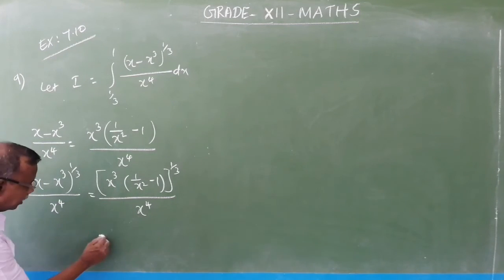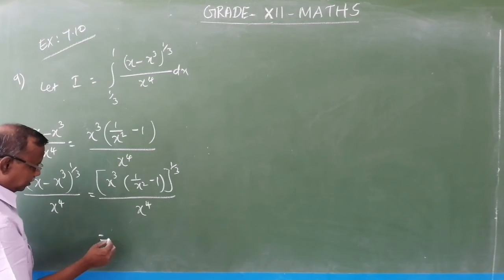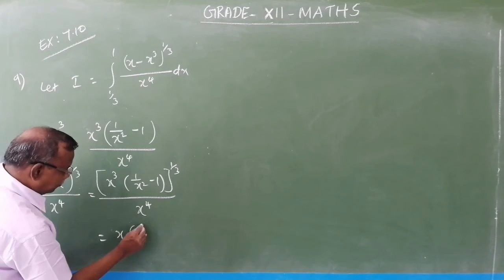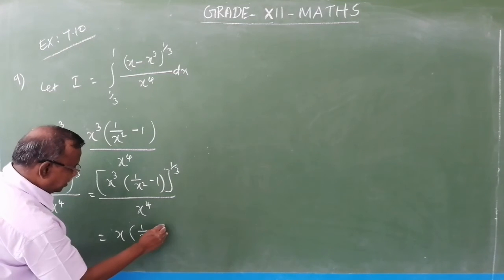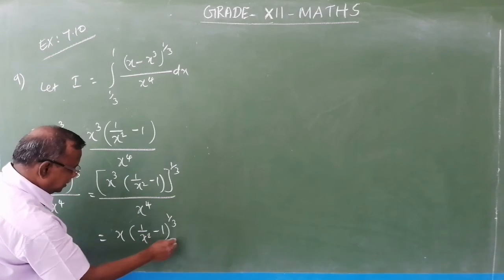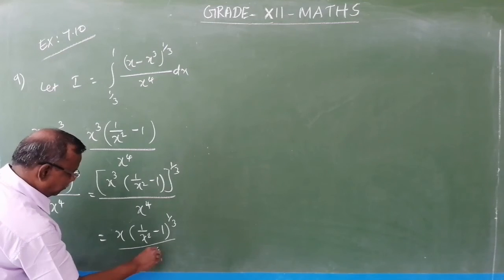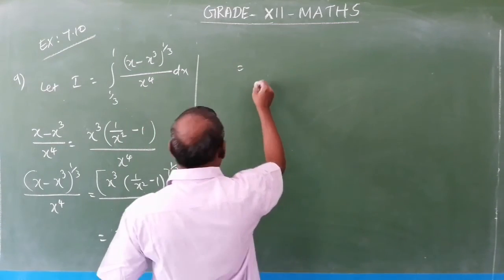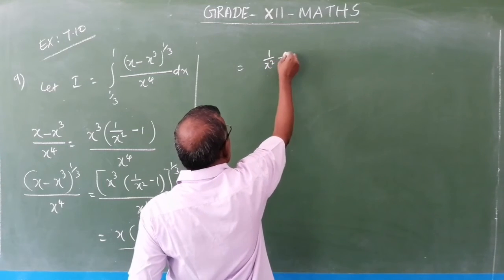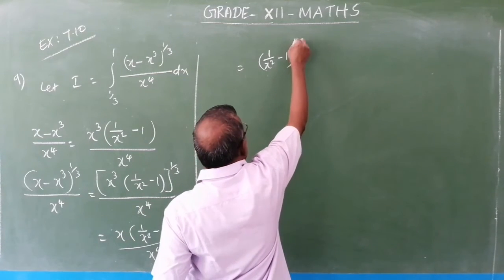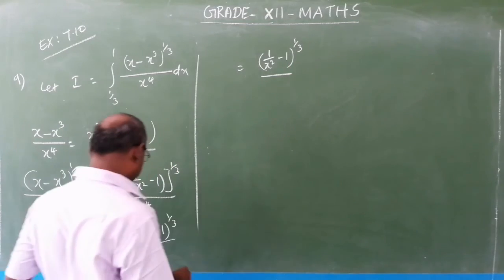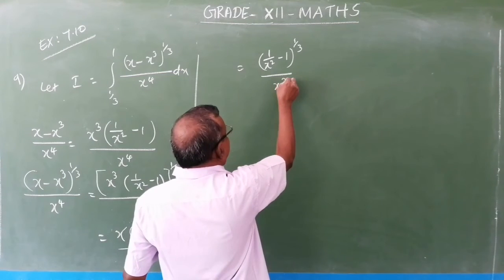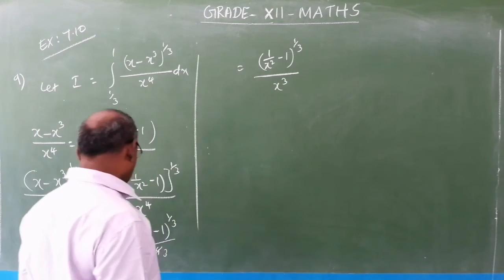Now applying power 1 by 3 on both the values, this will become x into (1 by x square minus 1) whole power 1 by 3, divided by x power 4, and this is equal to (1 by x square minus 1) whole power 1 by 3, divided by x cube.